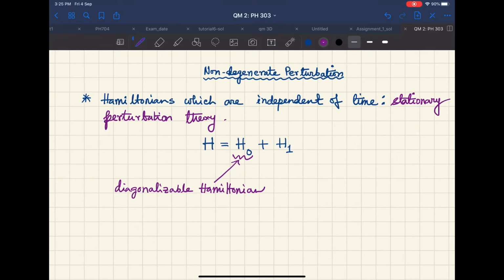And this Hamiltonian you will find in many books defined as the unperturbed Hamiltonian, or free Hamiltonian, or solvable Hamiltonian.